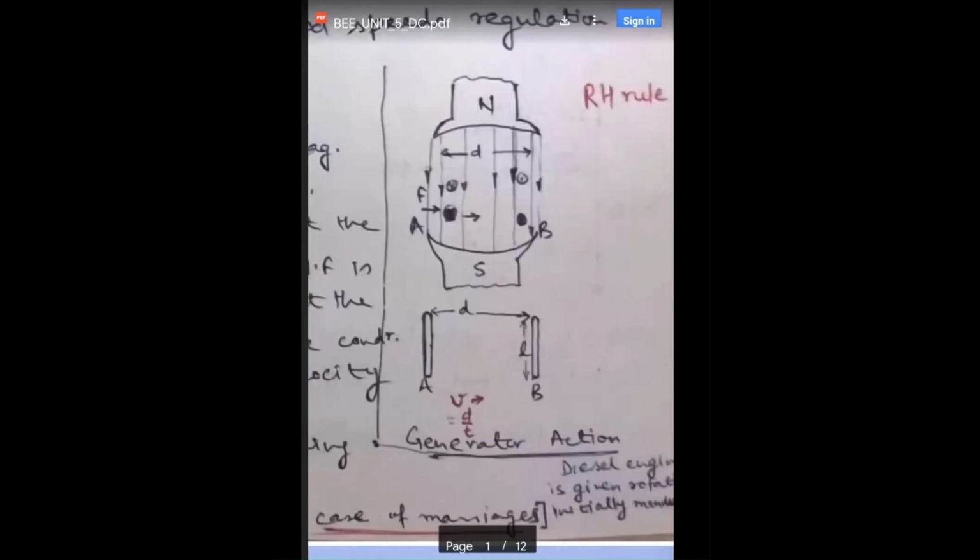First are the separately excited machines, in which we have to initiate the generator first or take it to the excitation level, the starting level.